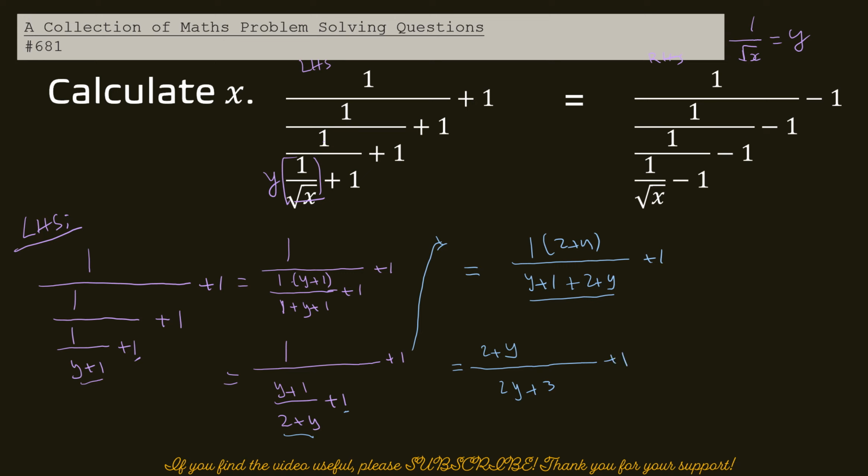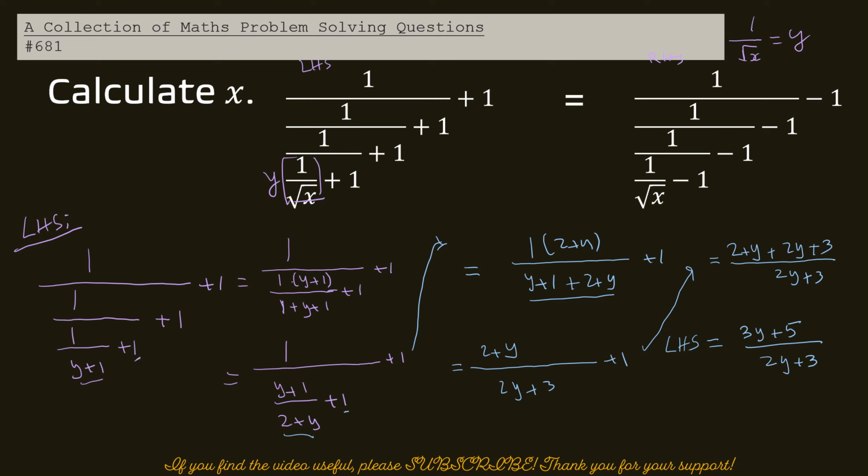So that is equal to 2 plus y plus 2y plus 3 divided by 2y plus 3. So that equals 3y plus 5 out of 2y plus 3, and that is the left hand side.